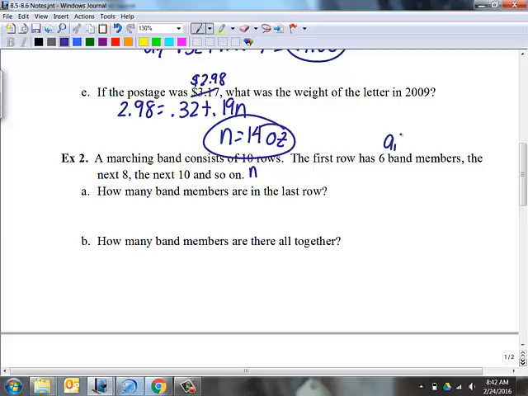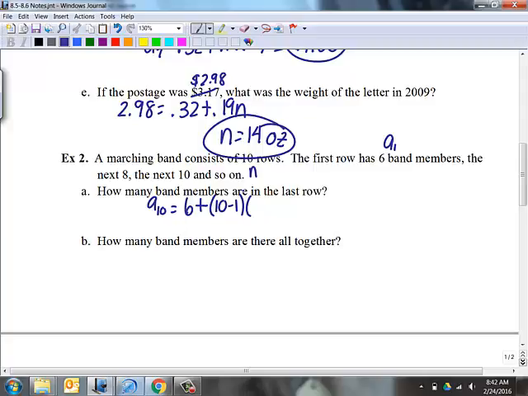How many band members are in the last row? We don't know. We have to find it. So we have to find A10, the 10th term. A10 is going to be A1 plus N minus 1 times D. So 6 plus 10 minus 1 times D. What is D? 2, the difference.